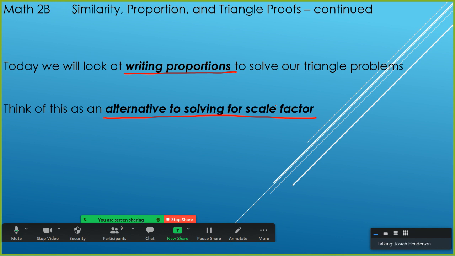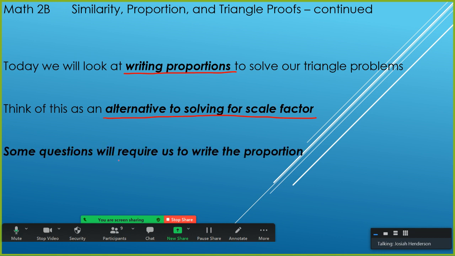Think of it as an alternative way. Now, sometimes though, we will have to. Some questions will require us to write the proportion. So sometimes it'll be an alternative, and then sometimes it is going to be like the requirement, where scale factor won't help us quite as well as being able to do these proportions.